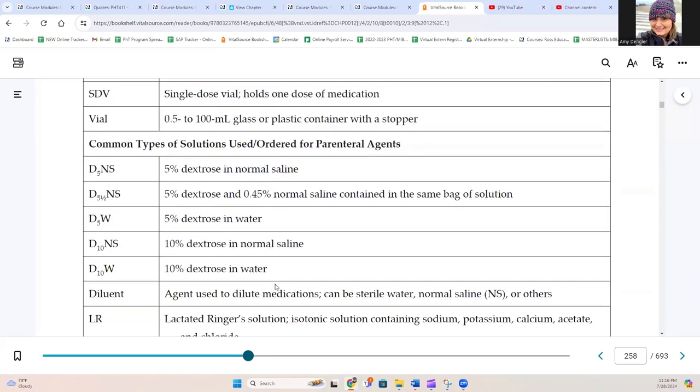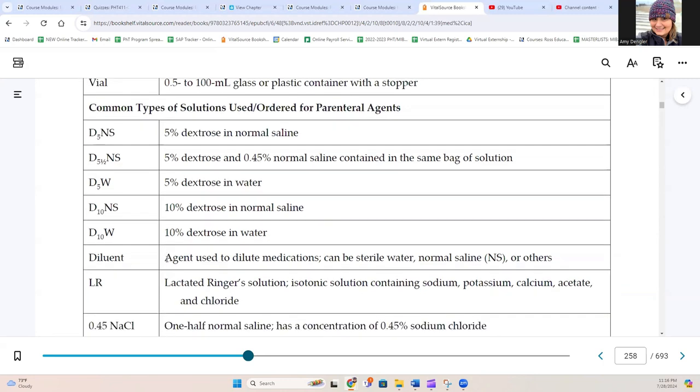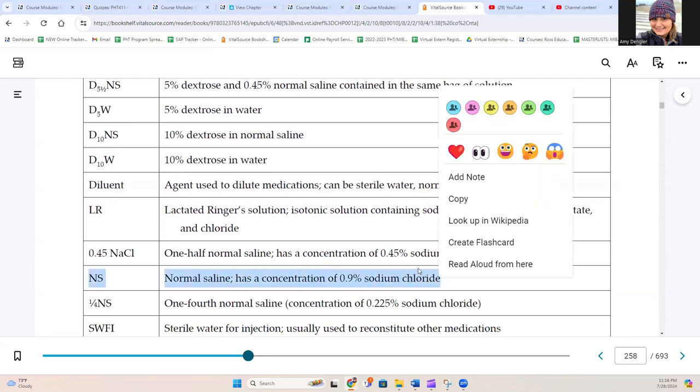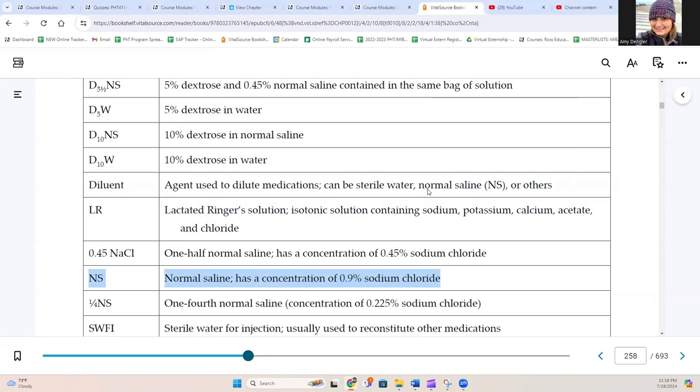Then we have our D5NS, 5% dextrose and normal saline. D5, 1/2 normal saline. So that's 5% dextrose and 0.45% normal saline. And then we have normal saline, which is 0.9% sodium chloride.